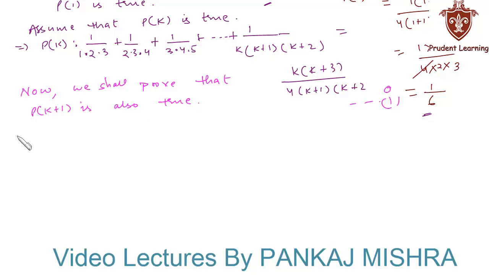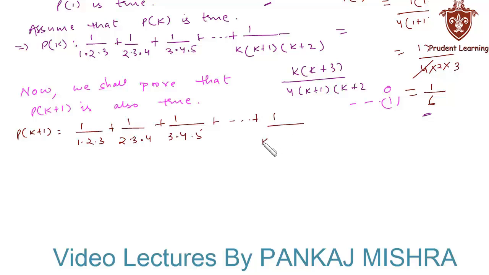That is, here we have P of k plus 1 is equal to 1 upon 1 into 2 into 3 plus 1 upon 2 into 3 into 4 plus 1 upon 3 into 4 into 5 and so on up to 1 upon k into k plus 1 into k plus 2 plus 1 upon k plus 1 into k plus 1 plus 1, that is k plus 2, into k plus 1 plus 2, that is k plus 3.